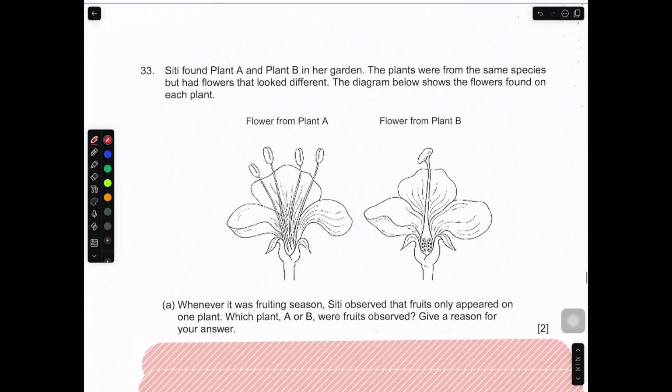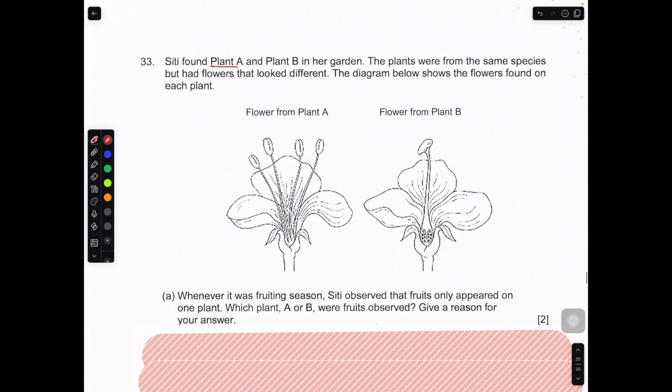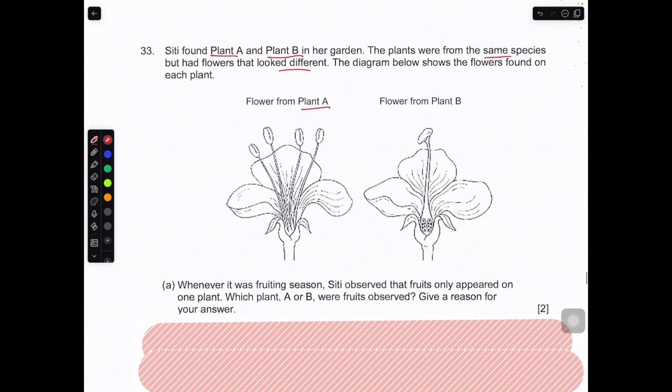Okay, so CT found plant A and plant B in the garden. The plants were from the same species but have flowers that look very different. The below shows the flower found on each plant. So you see A, these are all your anthers. But it's missing this part, the stigma or the style or the ovary and ovules.